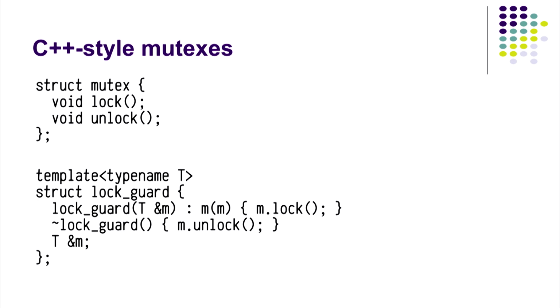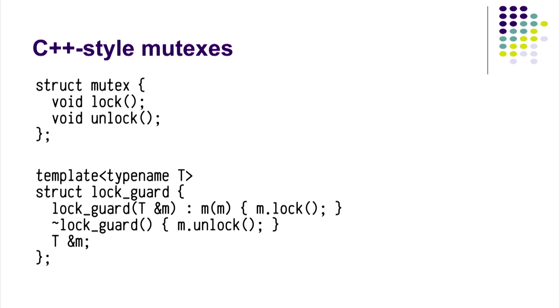Well, here our C++ mutex has a lock and an unlock method, but it's not virtual, and I don't need to inherit from anything. And now lockguard is no longer a struct, but a struct template. And it has a reference to the actual type of the mutex.